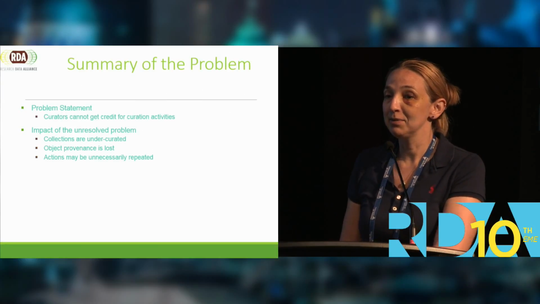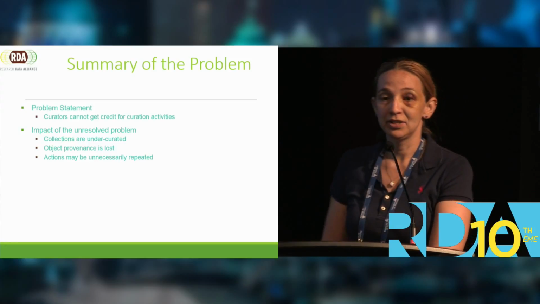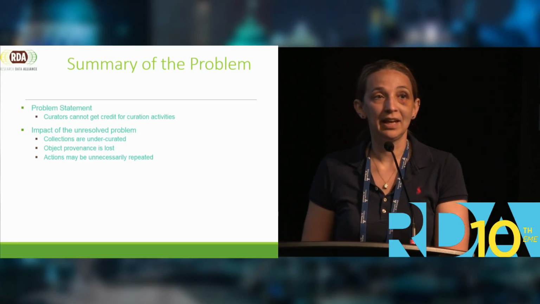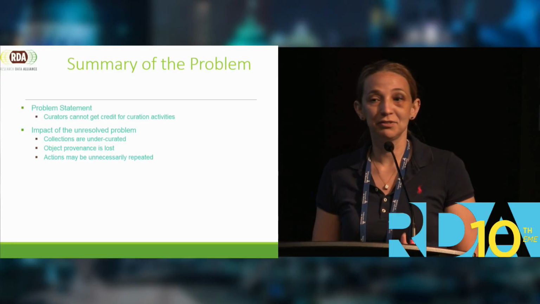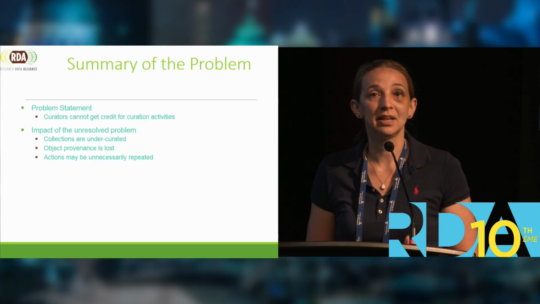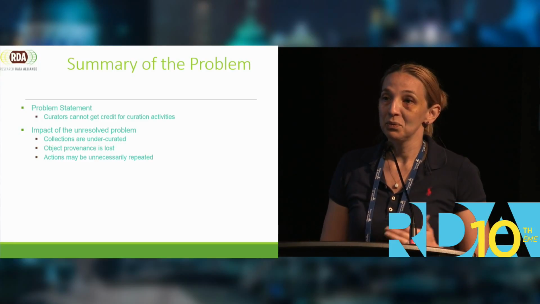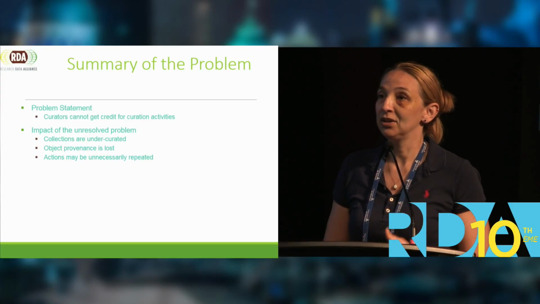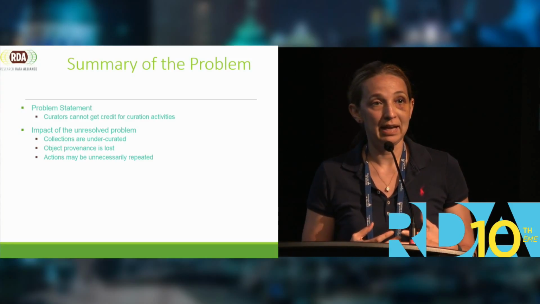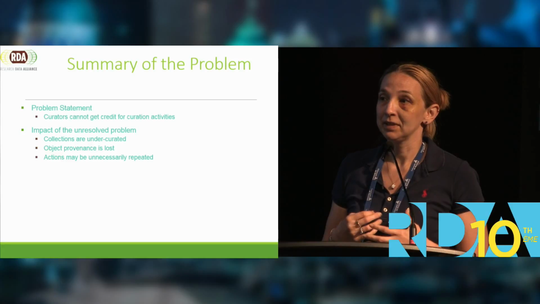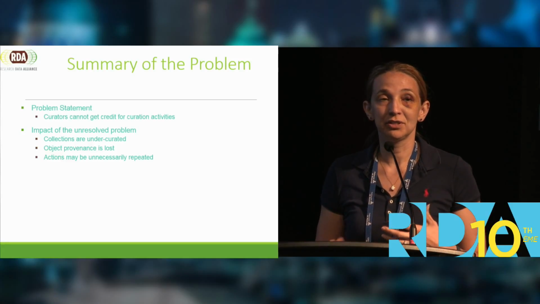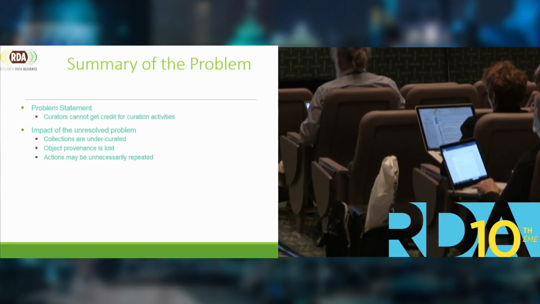So in summary, the problem that we are trying to solve is that curators cannot get credit for their curation activities. My co-chairs and I all come from the biodiversity space, so physical and digital collections are very important for our research.